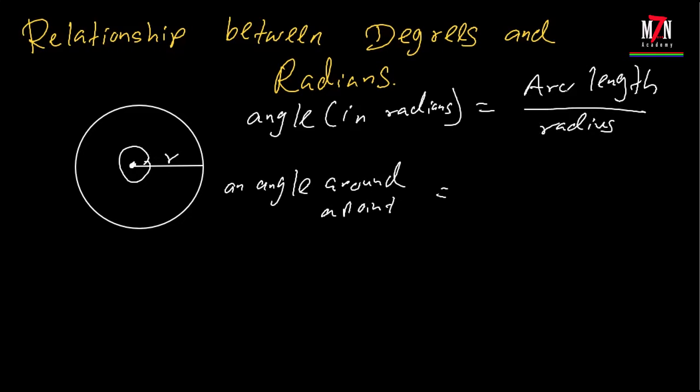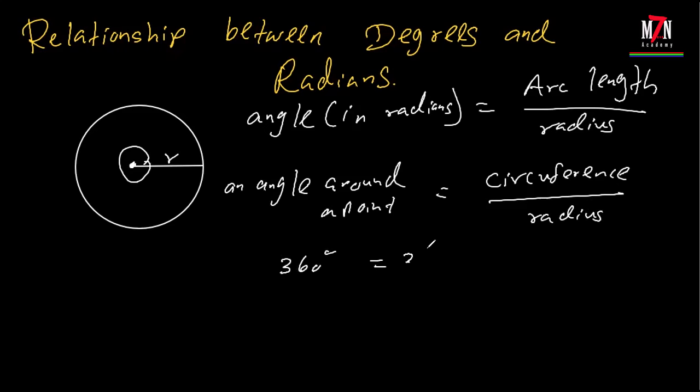According to this definition, the arc length will equal the circumference, so the angle is 2 pi r over r, which equals 2 pi. So this gives us 360 degrees equals 2 pi radians.